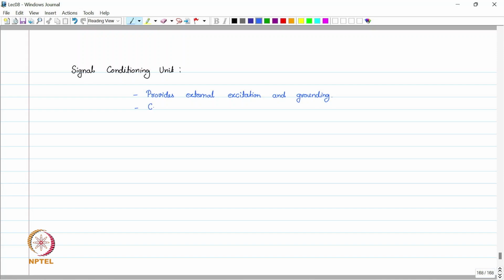It completes the circuit, or sometimes we call it bridging.